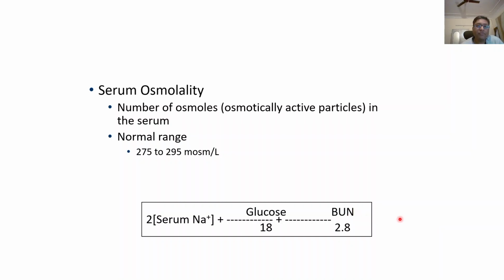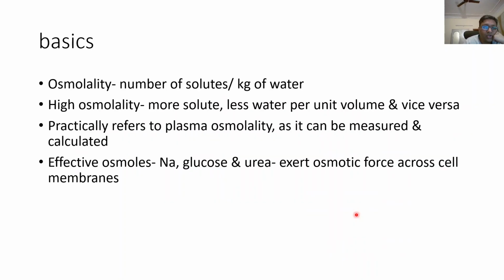BUN, if it becomes very high in renal injury, kidney patients, end-stage renal disease, will also contribute to significantly increased serum osmolality. When we measure it, it's basically the number of solutes per kilogram of water. High osmolality means more solute, less water per unit volume, and vice versa.